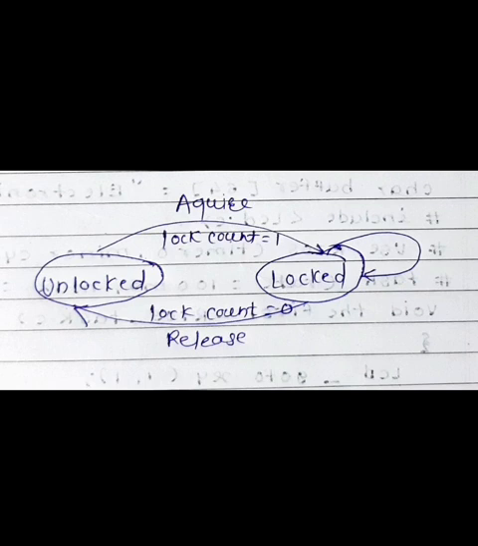The task first checks the value of x. If it is 0, it sets x to 1 and uses the resource, and then sets it back to 0. Meanwhile, if the second task wants the resource, it will find that the value of x is 1, and so it waits for some more time and checks again.